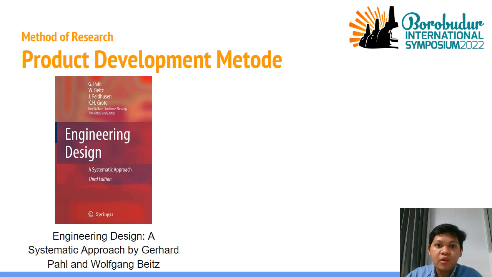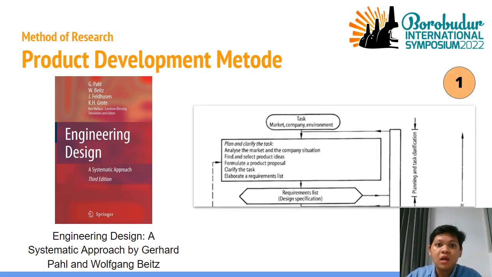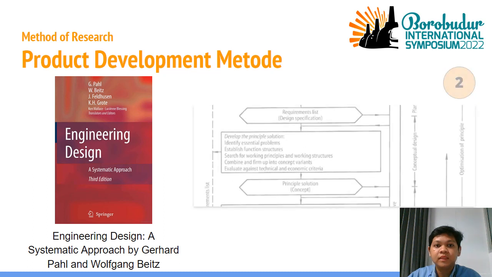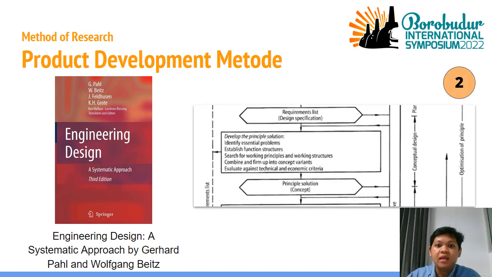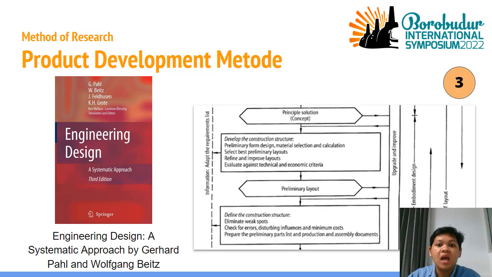The product development process consists of 3 steps. First step is planning and task clarification. Second step is conceptual design. And the last is embodiment design.